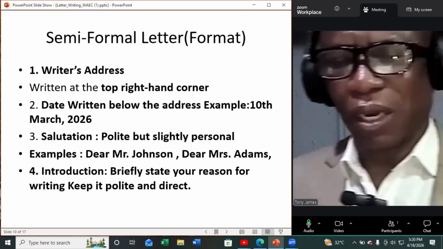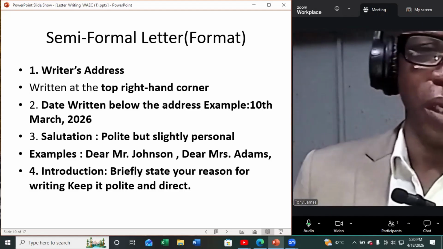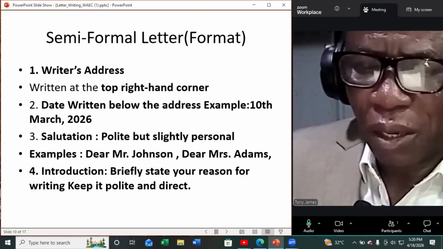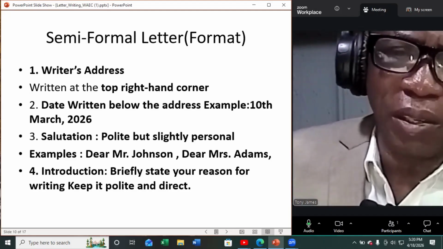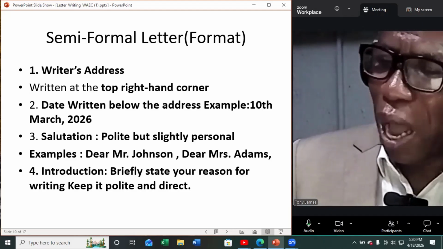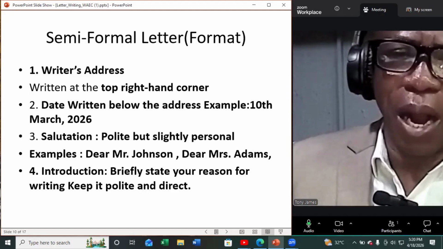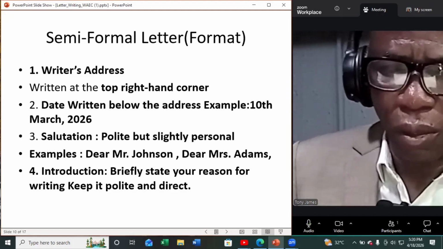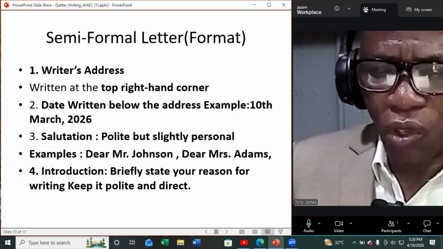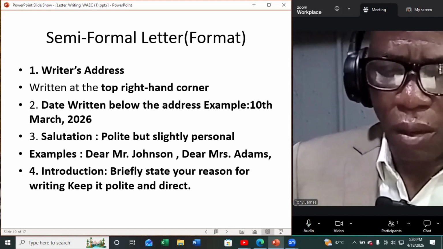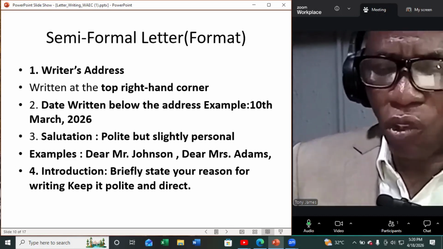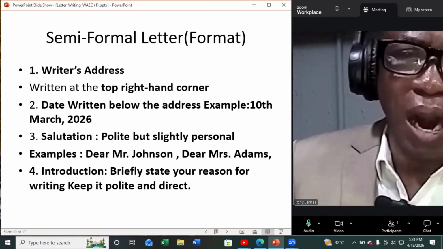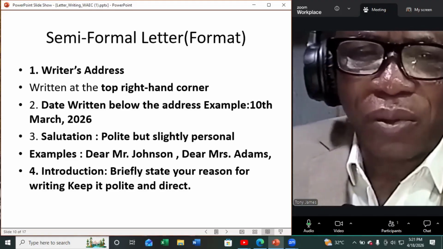So having written the salutation, the next structure is the introduction. And again, you see that the title is also missing. There is no need for a title in the semi-formal letter. So you go straight to the introduction. The introduction has to be brief, like that of the formal letter, because the person you are writing to is not familiar to you.